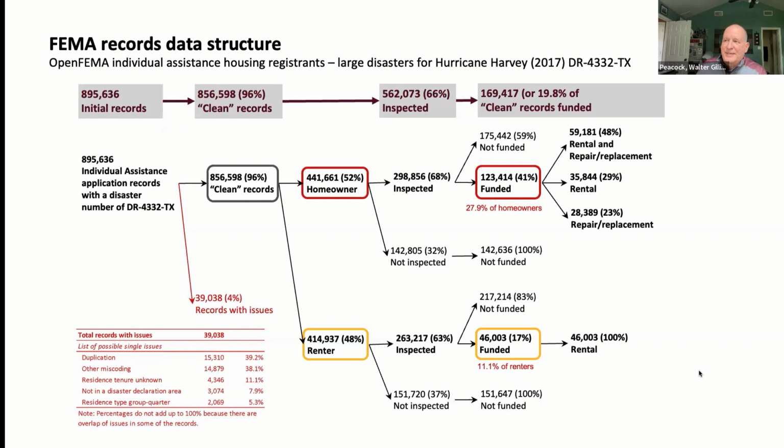This gives you the breakdown in terms of homeowners and renters, and the numbers that were funded as well. So almost 28% of the homeowners that applied were funded, and about 11% of the renters. And then what they were funded at. Remember, this does not include personal private loss.